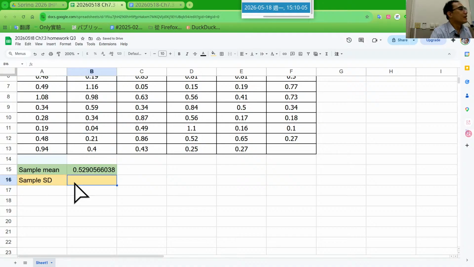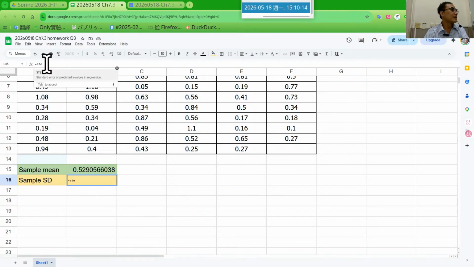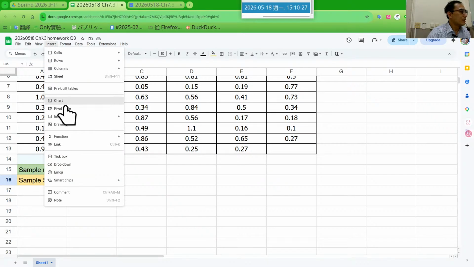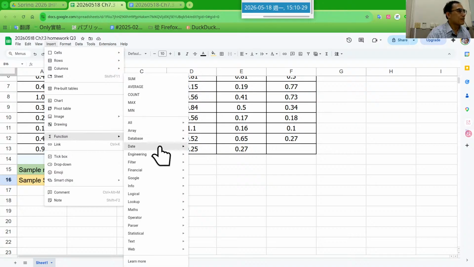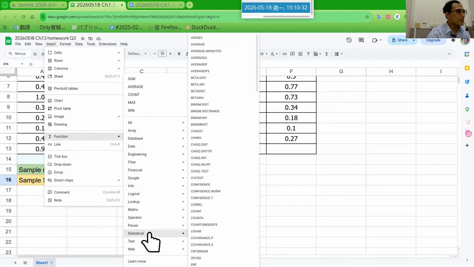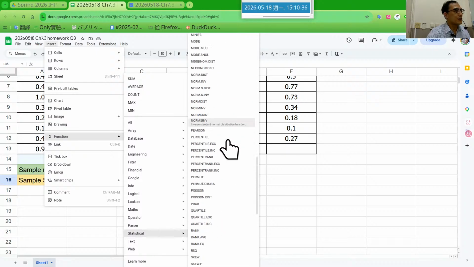Click here, then move to the command line, type standard deviation sample, or if you forget it, it doesn't matter. You can insert function. Yeah, you're right, function, and go to statistical, then standard deviation sample.